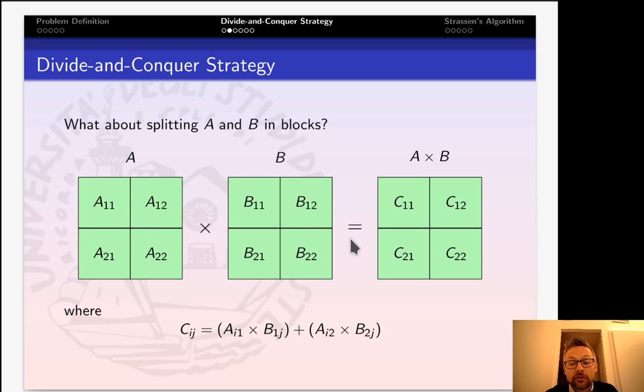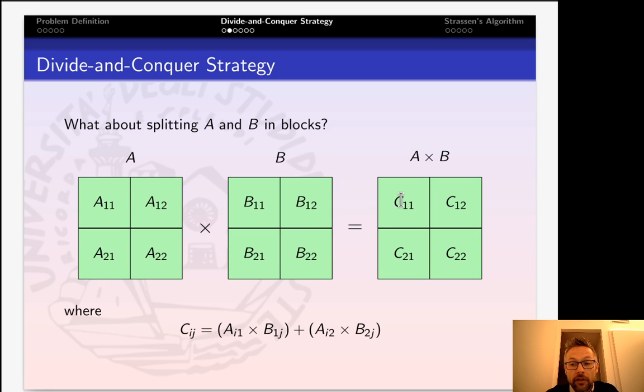So the solution C is also split into blocks, as you can see here, and each of these blocks can be computed as this equation reports.